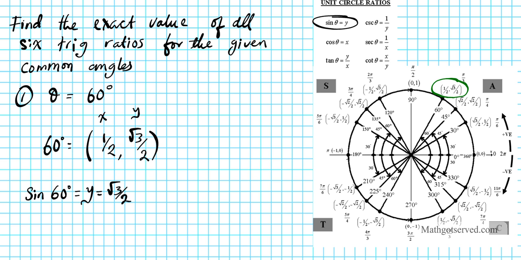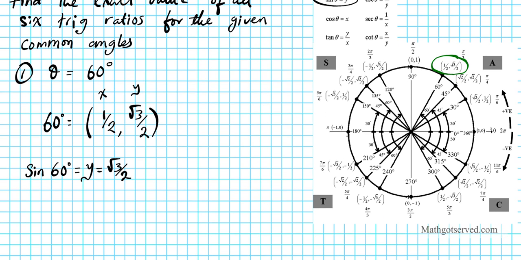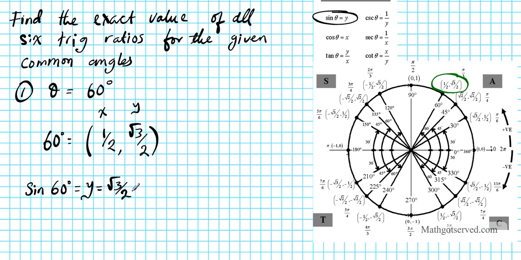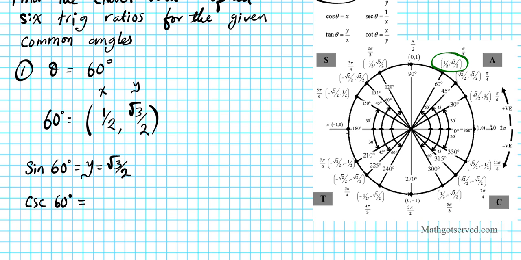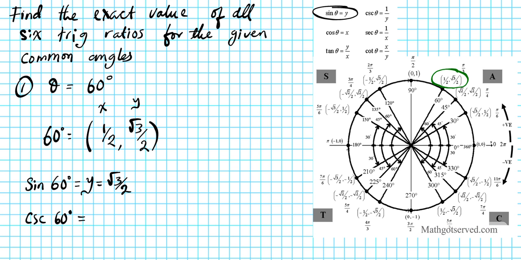Now that we have sine, let's look for its reciprocal relative, which is cosecant. If sine 60 is root 3 over 2, what is cosecant 60 going to be? Cosecant is the reciprocal of sine, which is 1 over y.